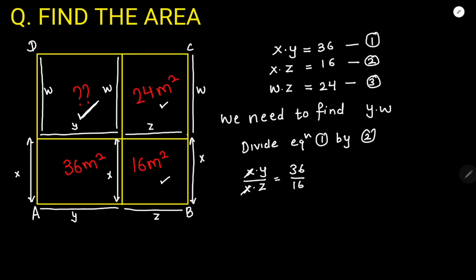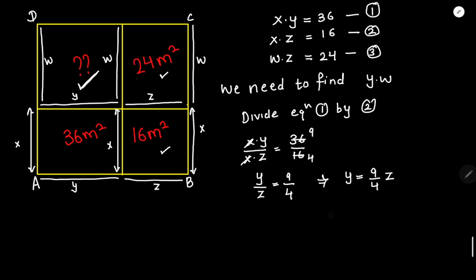And x will cancel out. So this is actually equal to y by z, and I can simplify the right hand side. If I cancel these by 4, I will get 9 by 4. So this implies y is equal to 9 by 4 z, right?